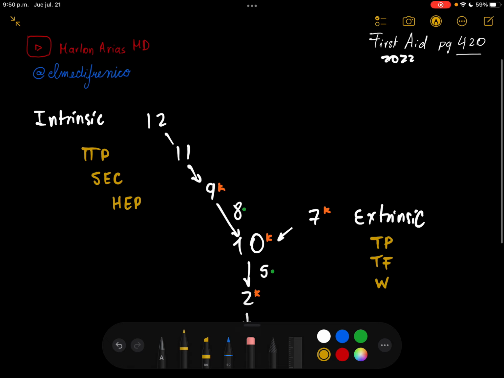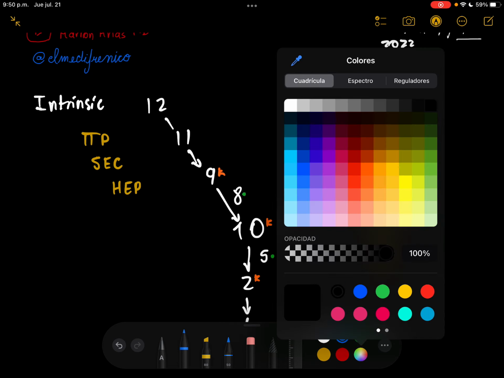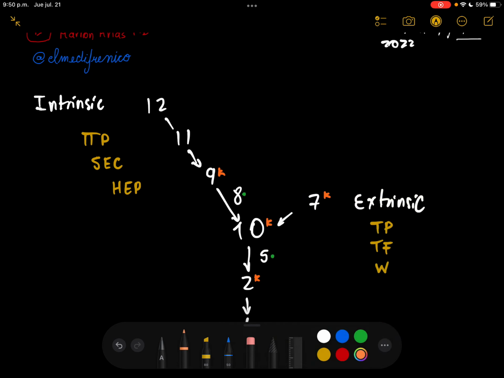this coagulation cascade. And some important thing that you have to know too, I don't know if you remember, is that in primary hemostasis we have our platelets, and our platelets have some granules inside.